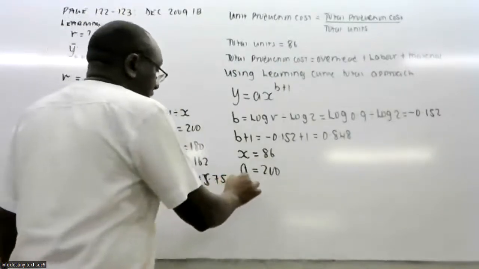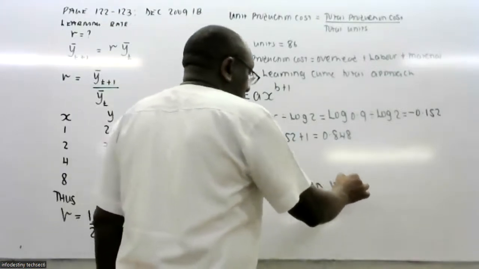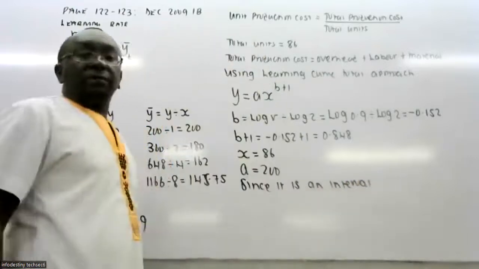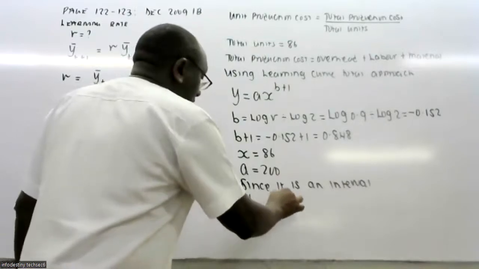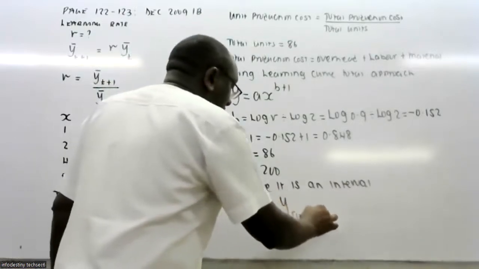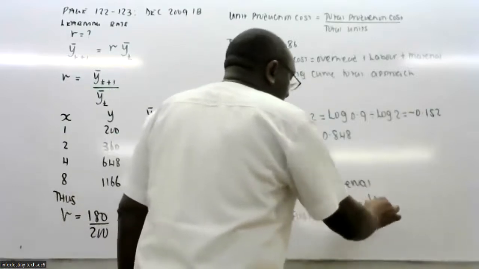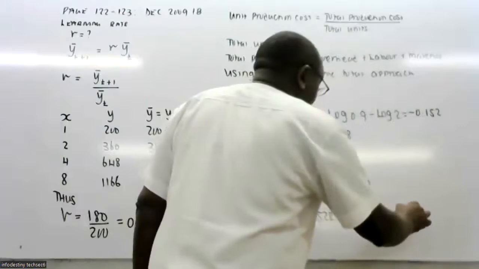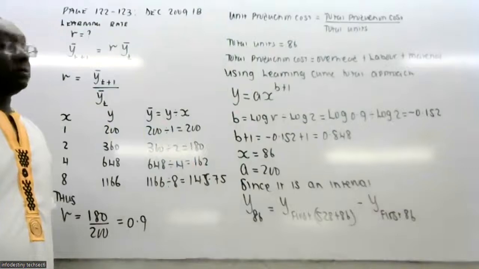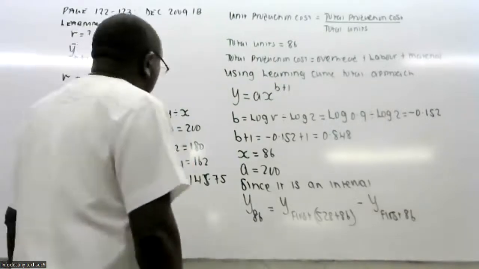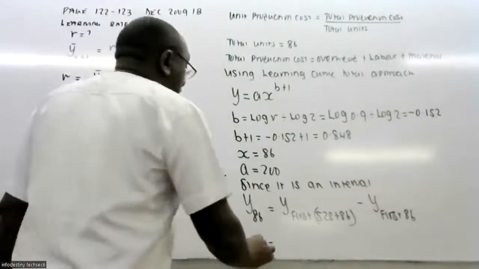Since it is an interval, Y for the 86 will be Y for the first 528 plus 86, minus Y for the first 528. Our A, we already know it is 200.